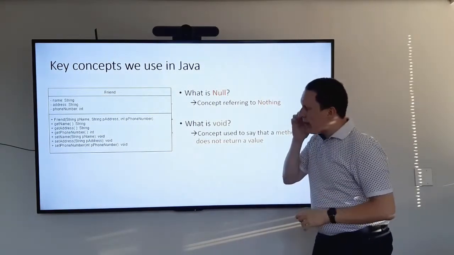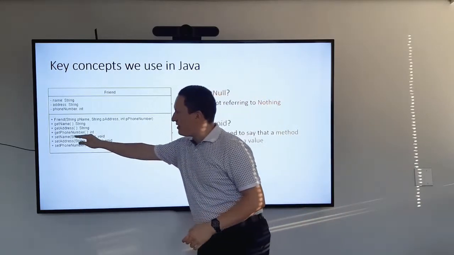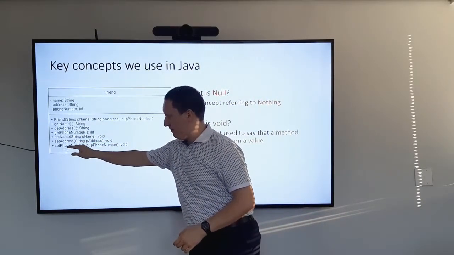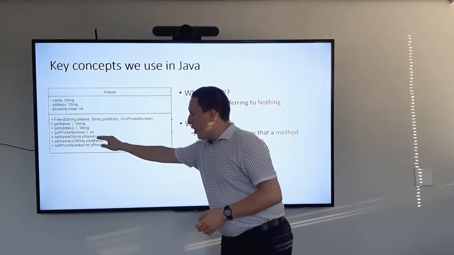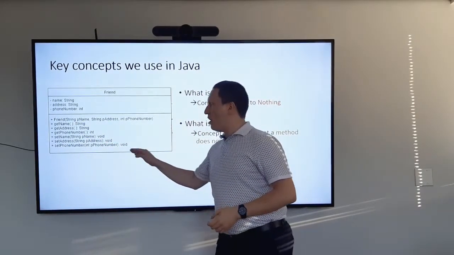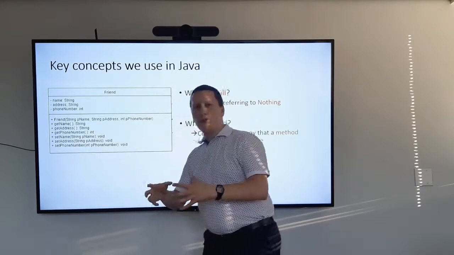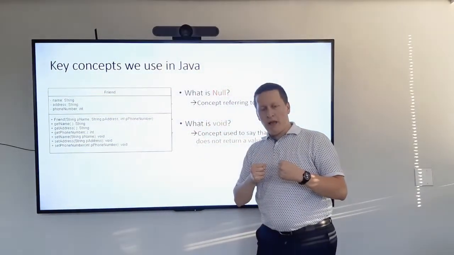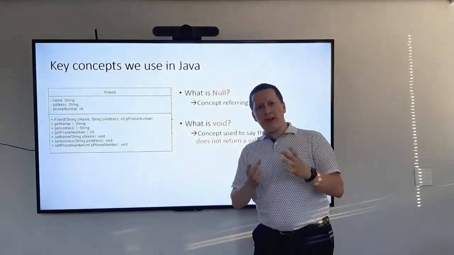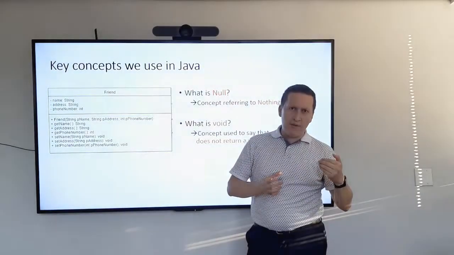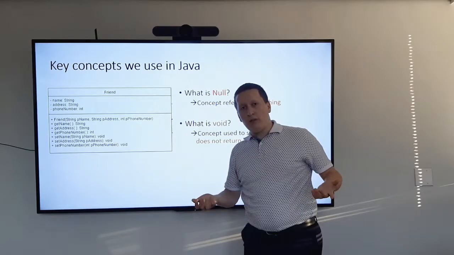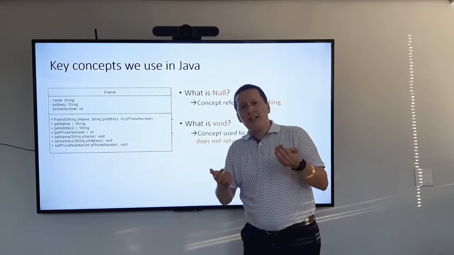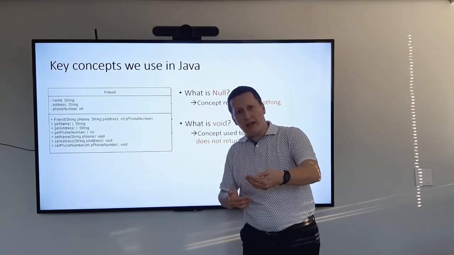So, for example here, we have the setters: set name, set address, and set phone number. Those were stated as void because I receive the input, the string pname, and I just update the current name to pname. I don't need to give a response. I just need to update the data.